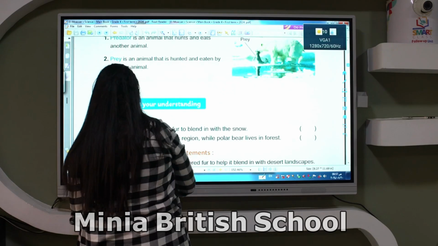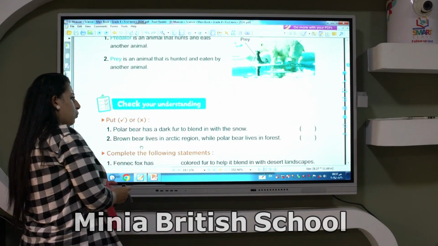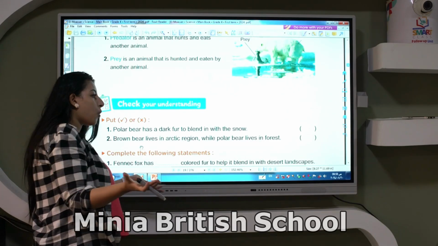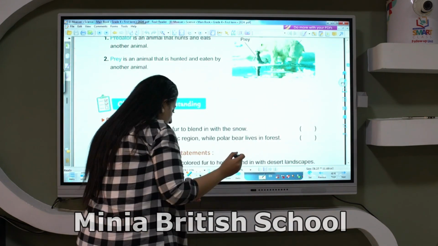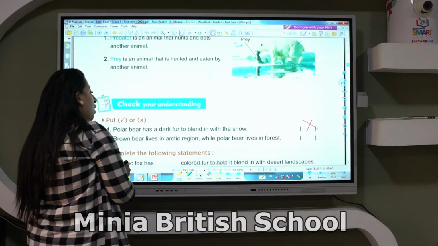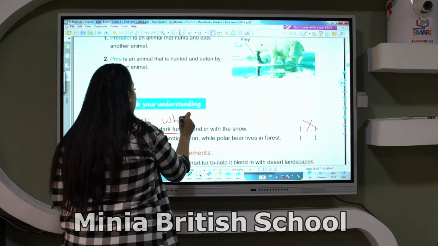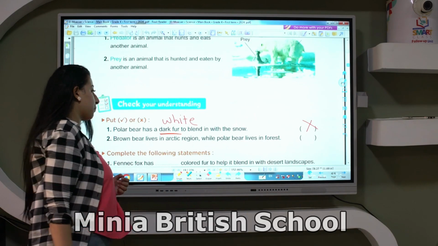Check your understanding. The polar bear has dark fur to blend in with the snow. Does the polar bear have dark fur? Of course not. It has what? White fur, not dark fur, to stay hidden in the snow.